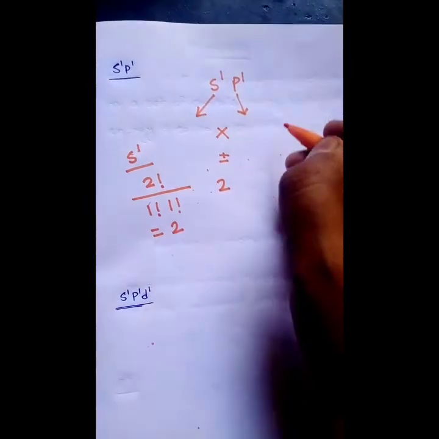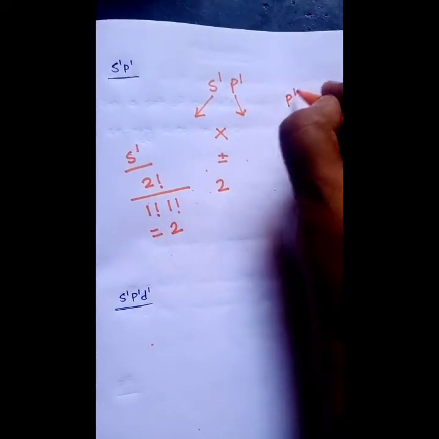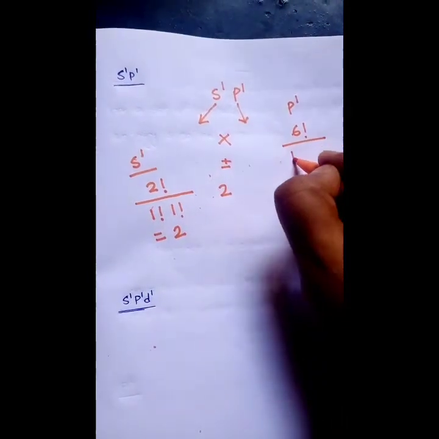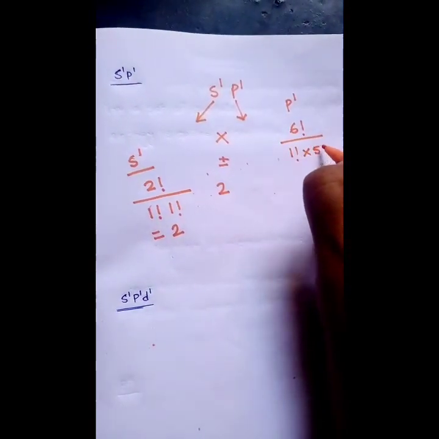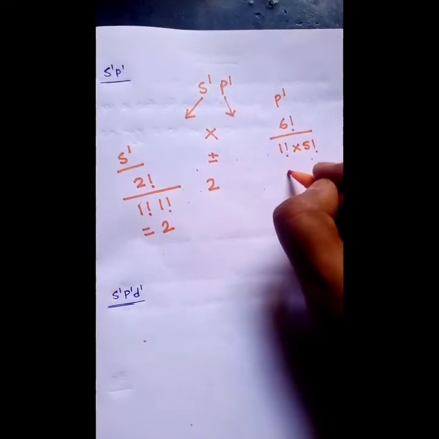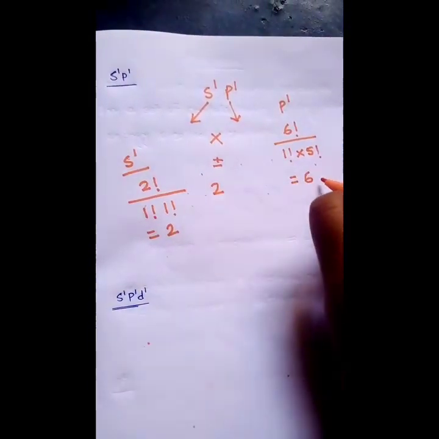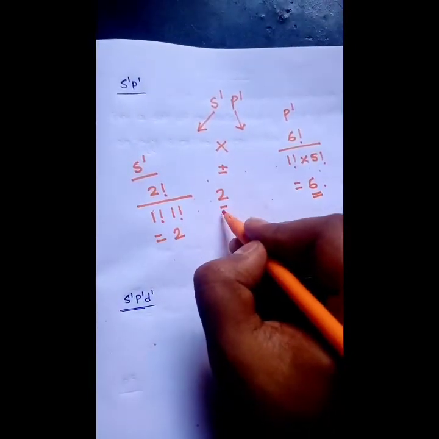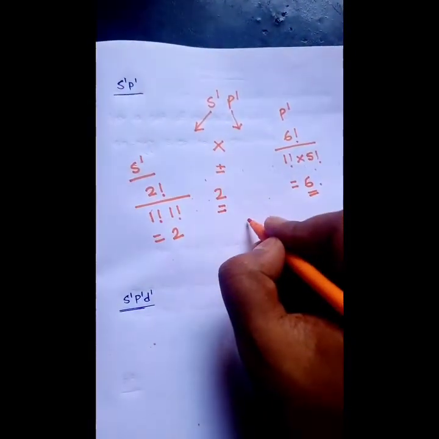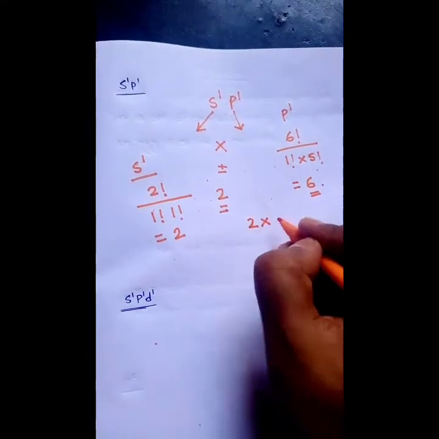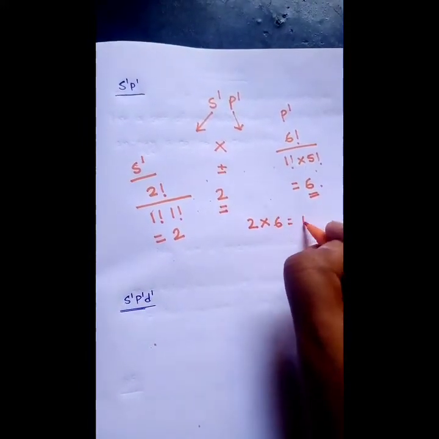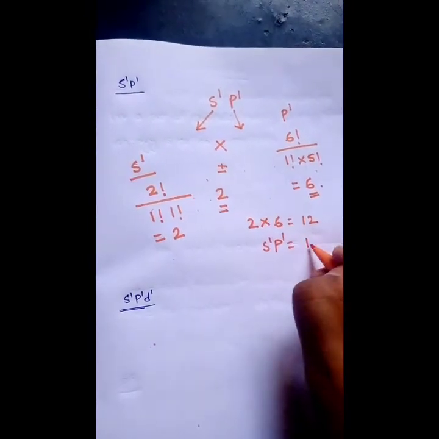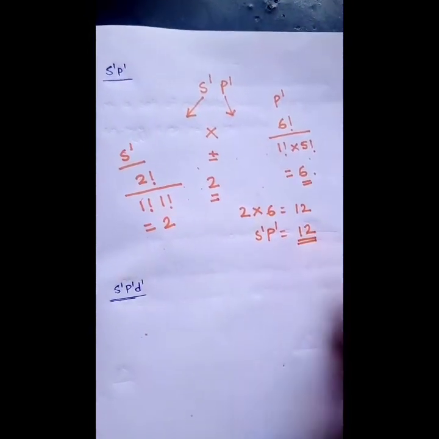And for p1, n equals 6, so 6 factorial by 1 factorial into 6 minus 1, that is 5 factorial. So we get the number of microstates, that is 6 for p1, and for s1 we got 2. Then you have to multiply 2 by 6, then 12. So for s1 p1, the total number of microstates will be 12.